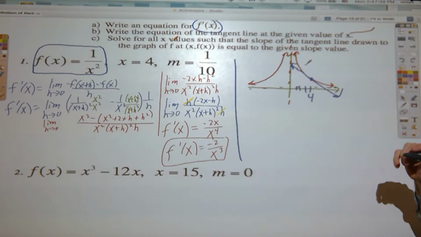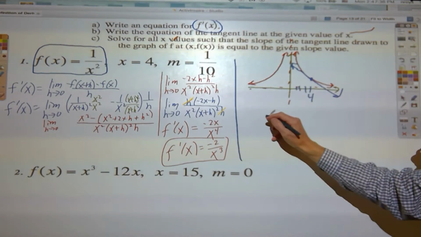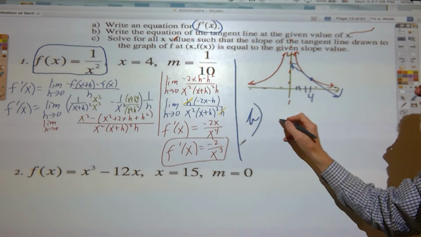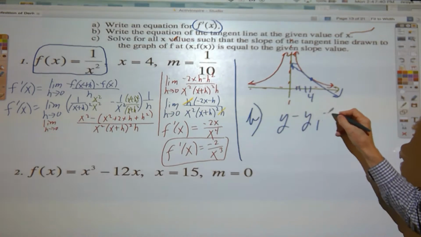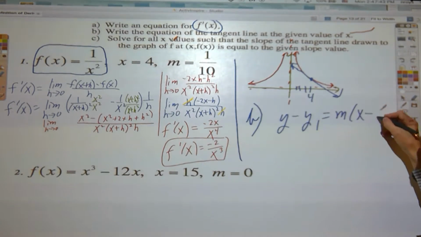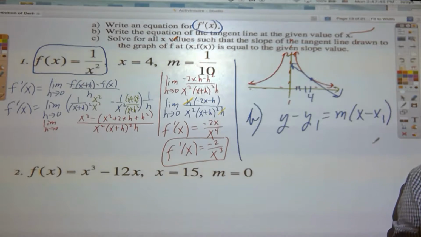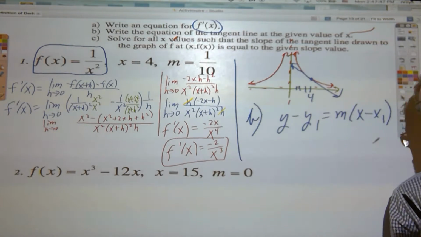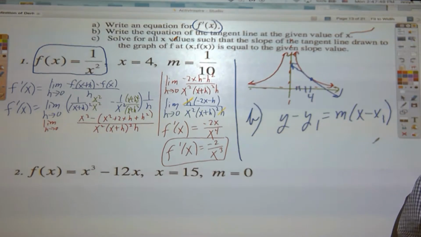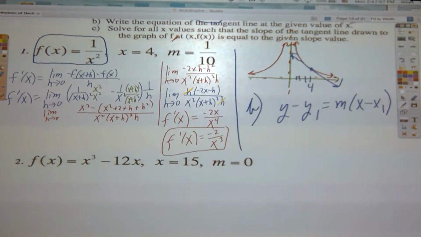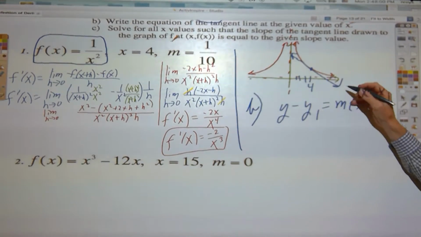When they ask you to find the equation of a tangent line, the best thing to do, part B, is to start with point slope form and then end in point slope form. That's the recommended form for equations of lines in all of calculus. Point slope form is the form where it's least likely for students to make a silly mistake. So here we go. I need a point and a slope.